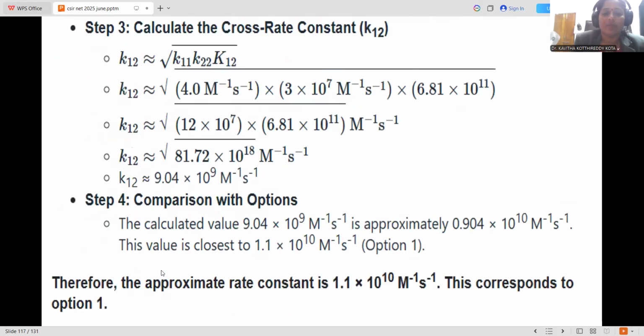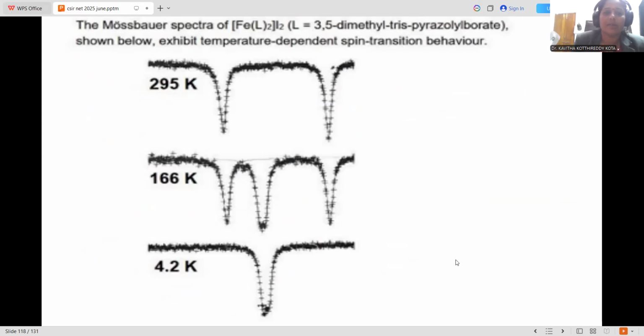After this, let me move on to another question. Again, it is part of analytical chemistry, Mossbauer spectroscopy. The Mossbauer spectra of iron L2I2. Here is the kind of complex you can notice. An iron complex was taken.